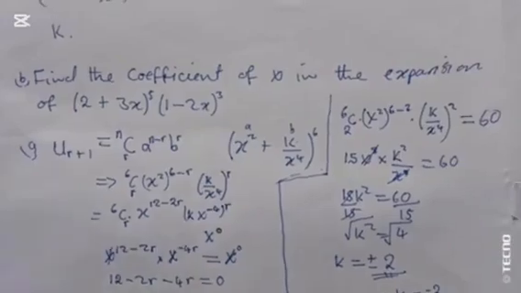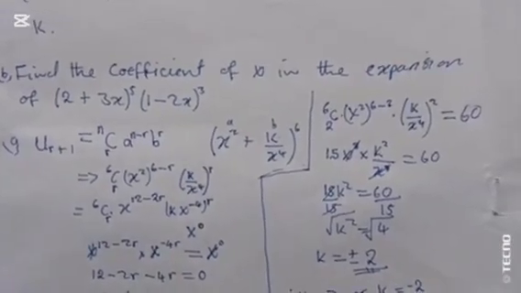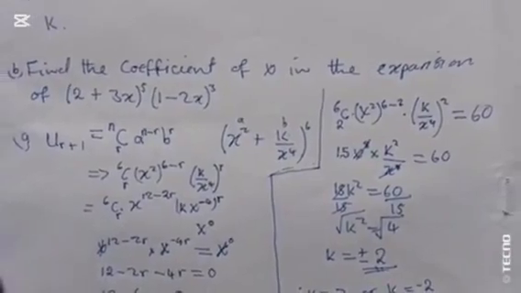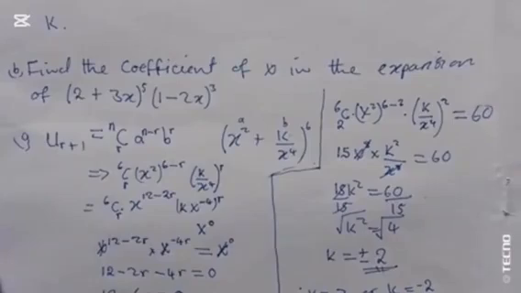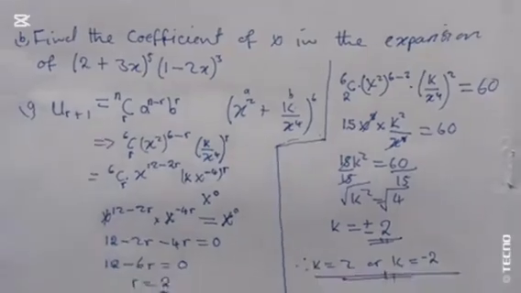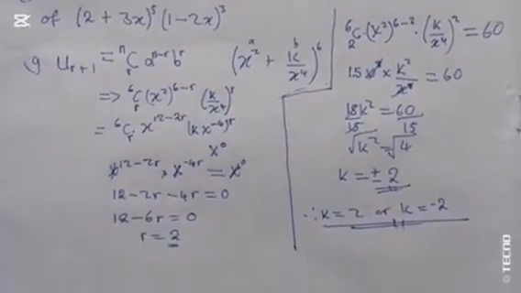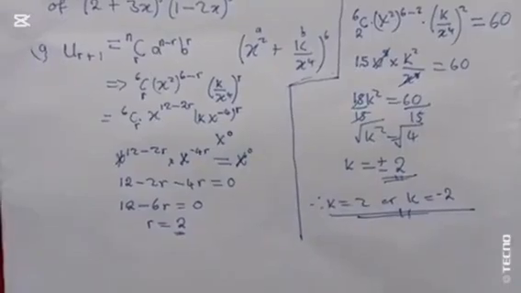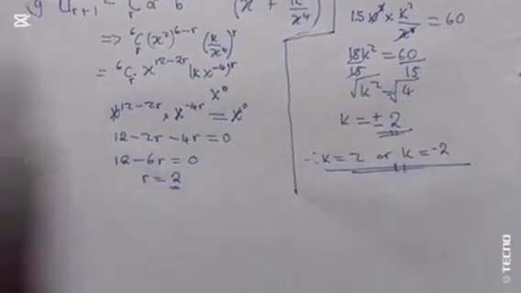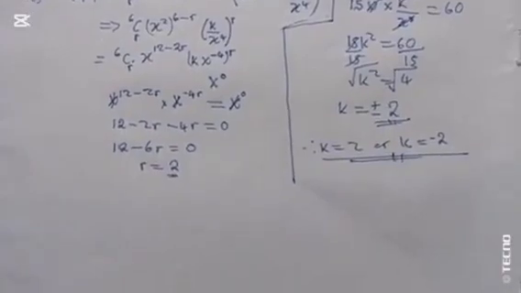Okay, so now the second one is find the coefficient of x in the expansion of open bracket 2 plus 3x close bracket to the power 5, then open bracket 1 minus 2x close bracket to the power 3. So in order for us to answer this one, we are going to use the Pascal's way of answering.